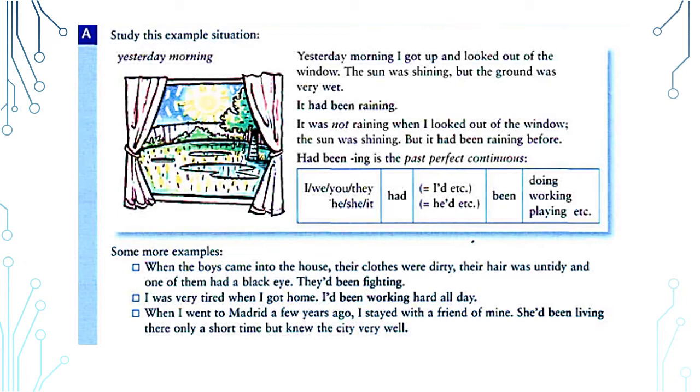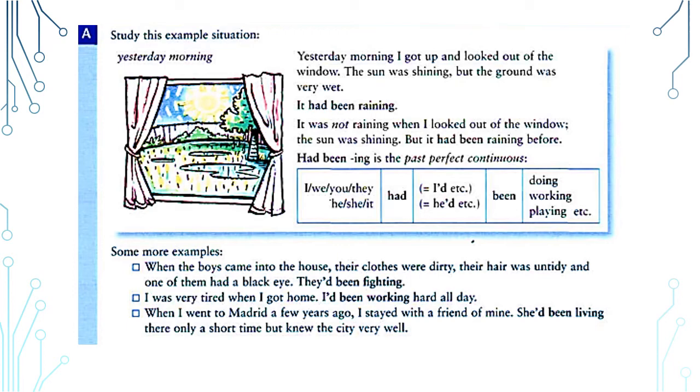We have I, we, you, they, he, she, and it plus had, and it can be shortened into 'd, been, being, and doing, working, playing, studying, and so on. Some more examples.